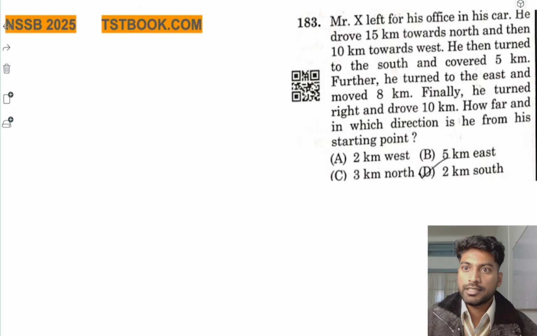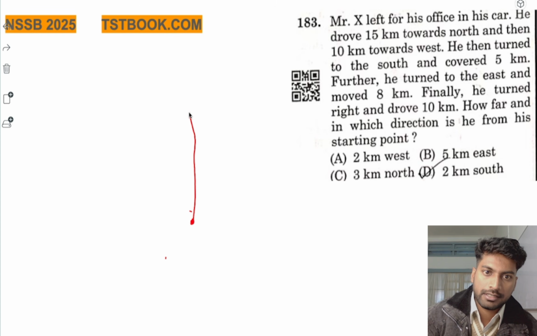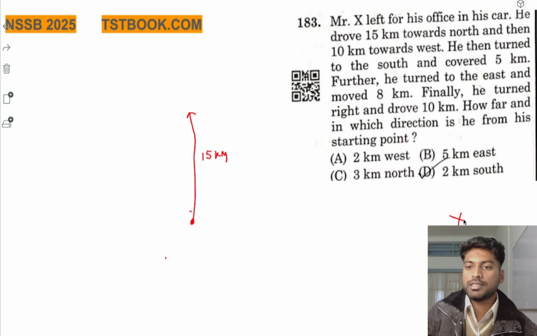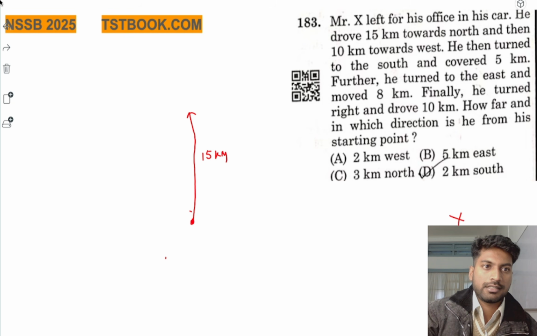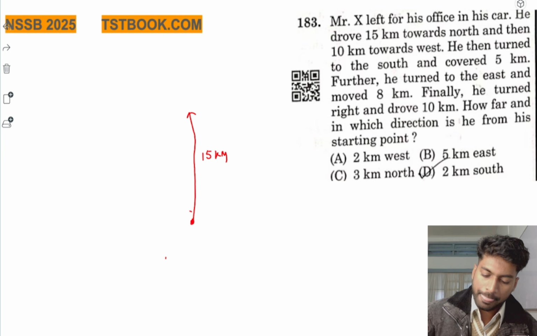He drove 15 kilometers towards north. Let's take a point, and he drove 15 kilometers. So this is your 15 kilometers towards north, because north is that side. You should know this: this is north, this is south, this is east, and this is west.